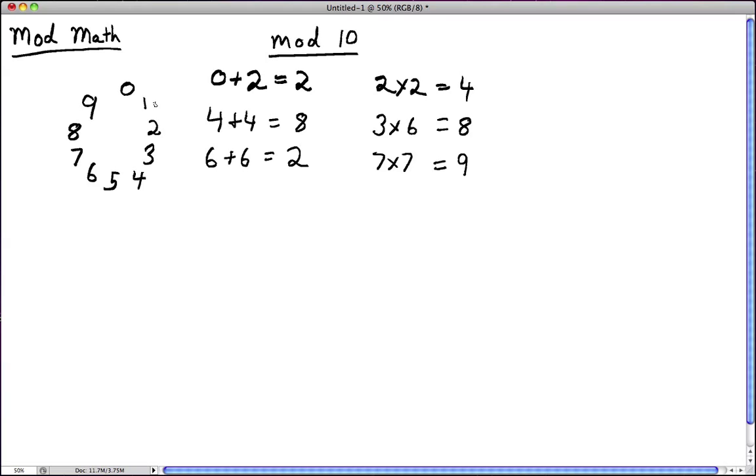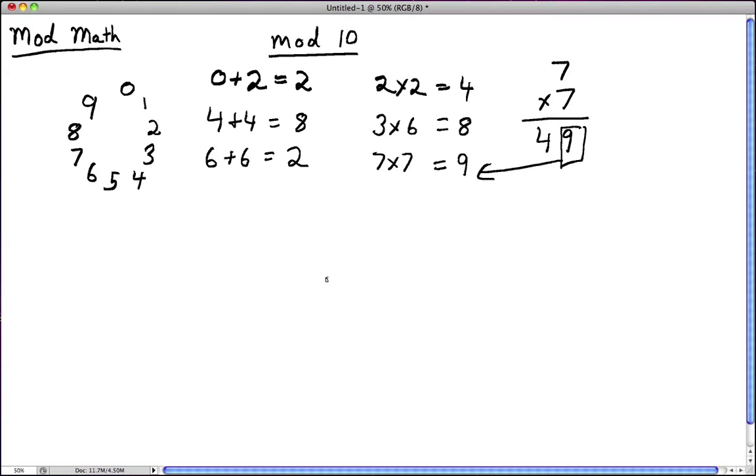We keep doing this. We will find, in fact, the answer is 9. So this works pretty well. So what's the trick we've learned? We do 7 times 7, and we write down 49. And basically, when we do math in mod 10, we just take that 9 as the answer.